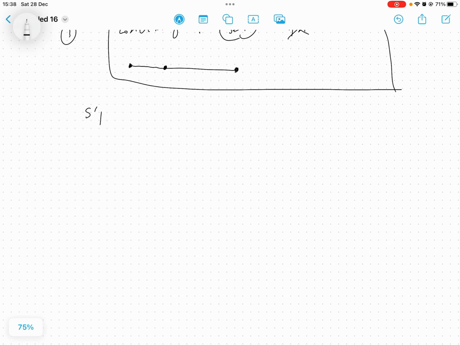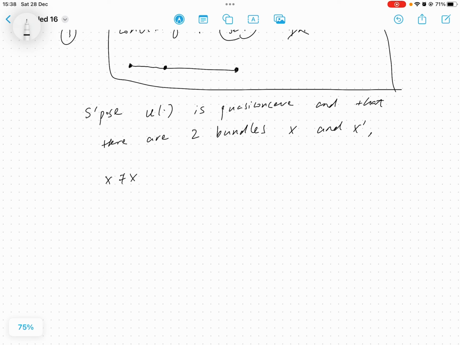Suppose that this utility function is quasi-concave, so the upper contour set is convex, and that there are two bundles, x and x prime, and x and x prime are not the same, but both are elements of the solution set.